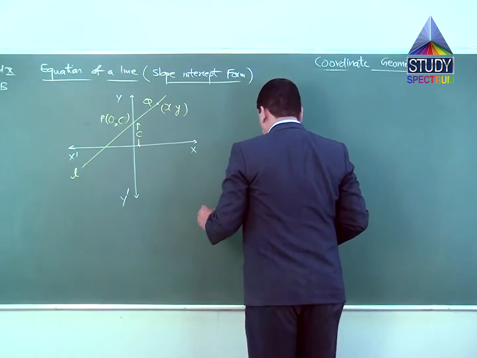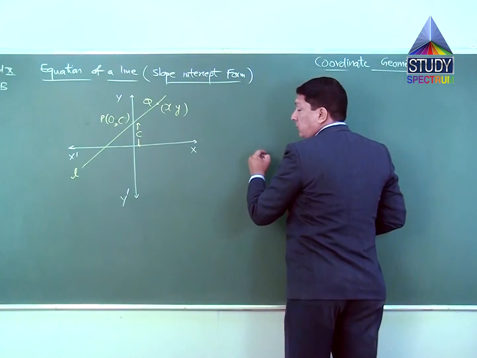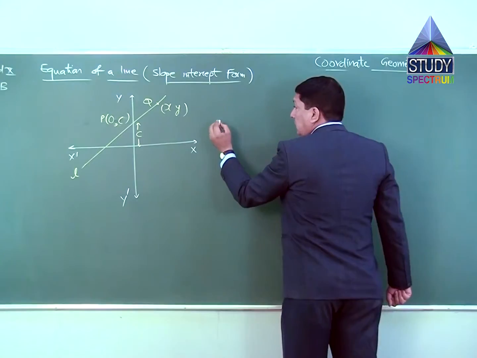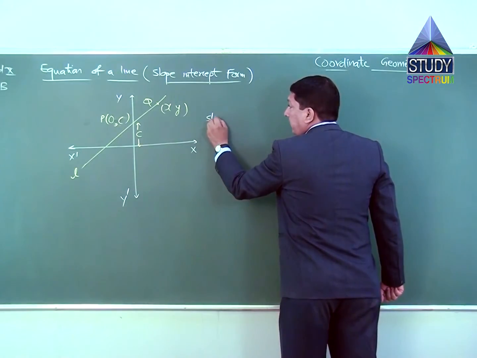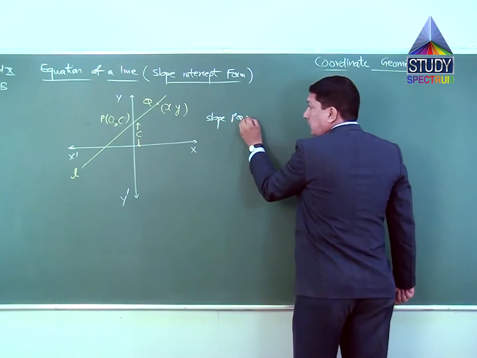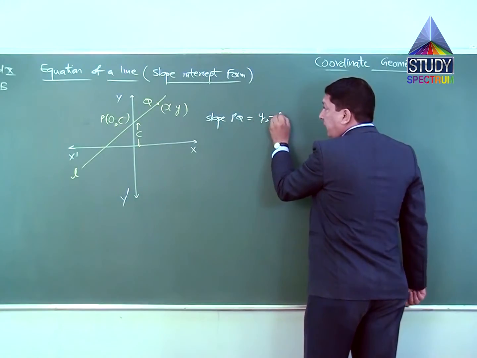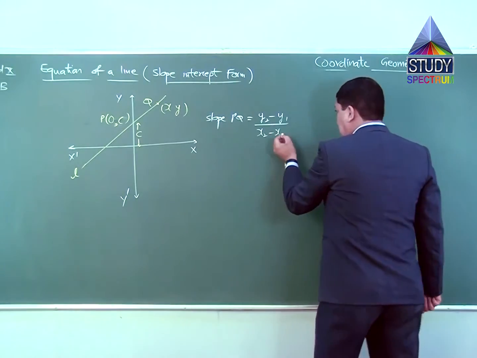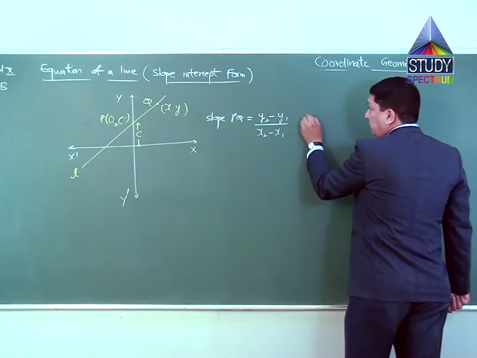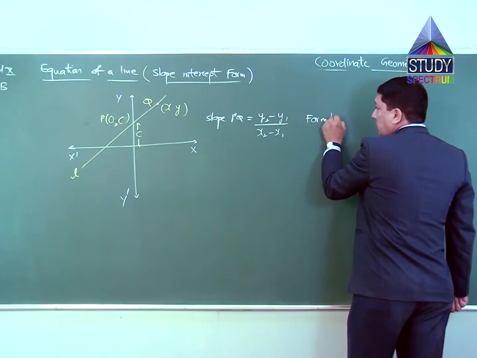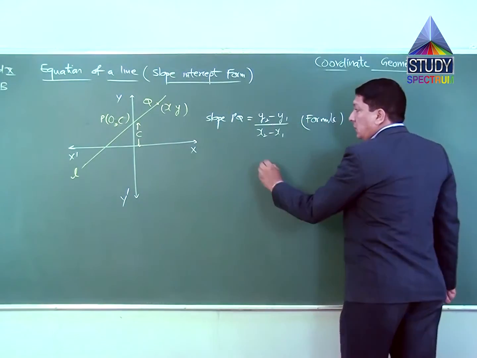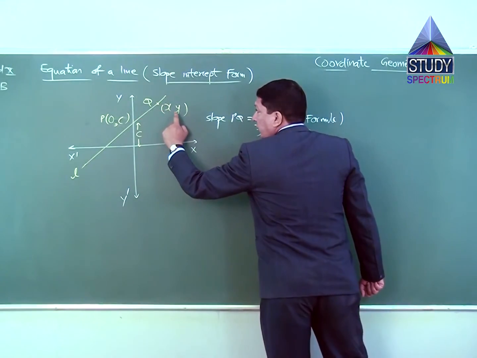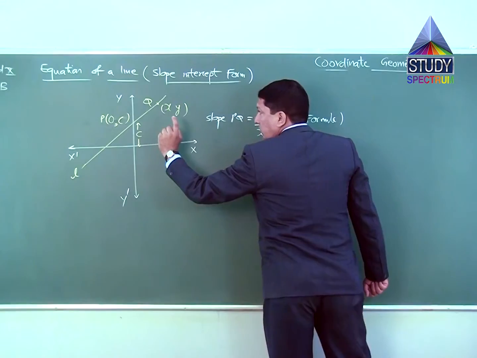So to derive the formula, that is slope intercept form, this line is intercepting C on y-axis. So slope of PQ, as per our formula, y2 minus y1 upon x2 minus x1. This is our 2-point form slope. So over here, you'll find that x1 y1, x2 y2, right?